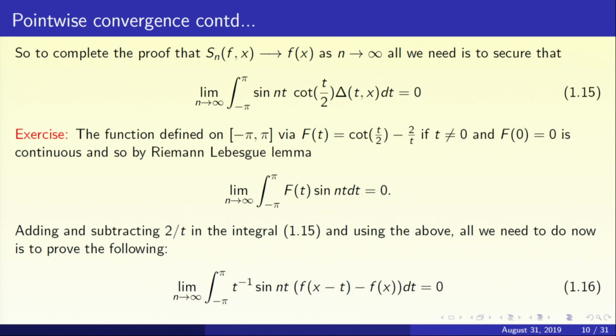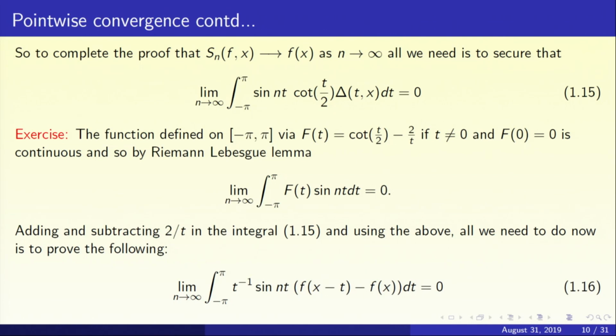How does the cotangent function behave? What is cot x? Cot x is cos x upon sin x. Cos x behaves like 1 and sin x behaves like x. So cot x behaves like 1 upon x near the origin. So how does cot(t/2) behave?